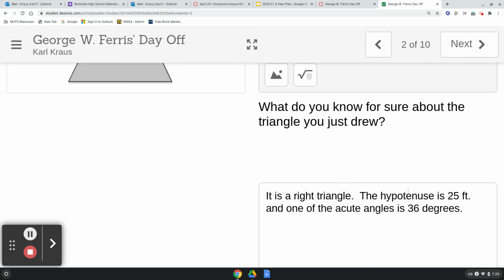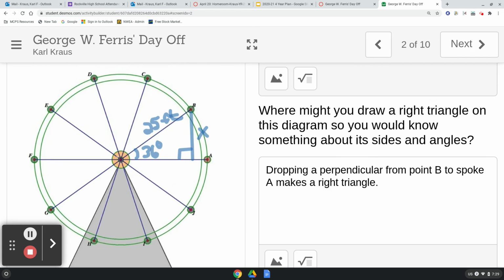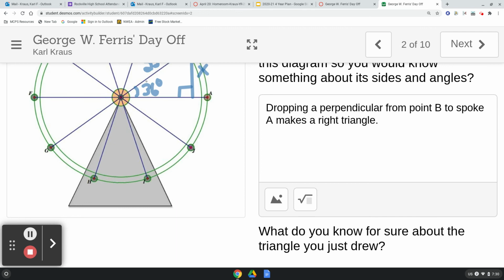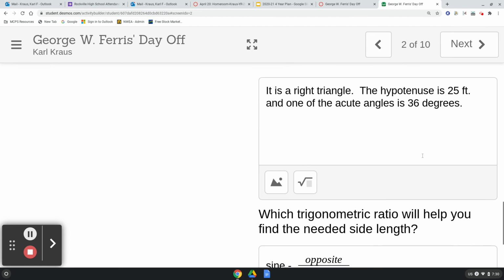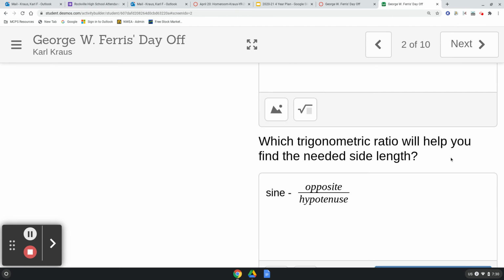That it's a right triangle. The hypotenuse is 25 feet because that's the radius. And then this angle is 36 degrees because there's 10 spokes, and 360 degrees in a circle divided by 10 is 36 degrees. And then what trig ratio are we going to use? We're going to use sine, which is opposite over hypotenuse.